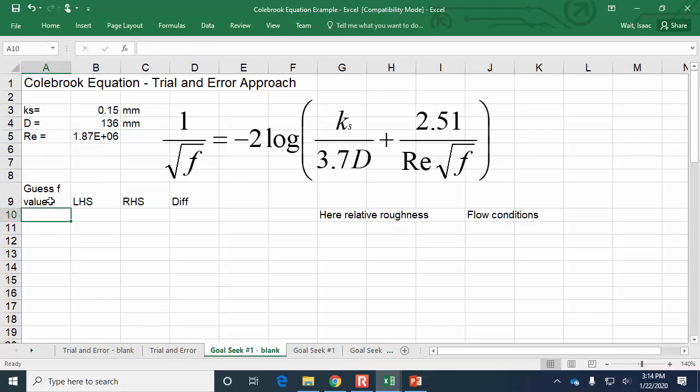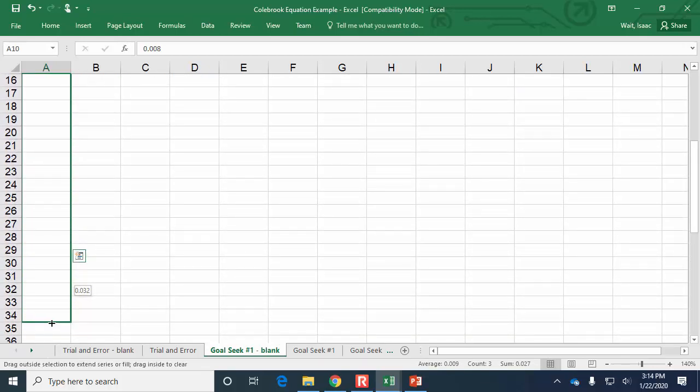We don't know what the f value is, so we'll start with some guess. At the lower end of the spectrum would be 0.008, and then we just go up from there. And we'll do a lot of different versions of what maybe the f value is.